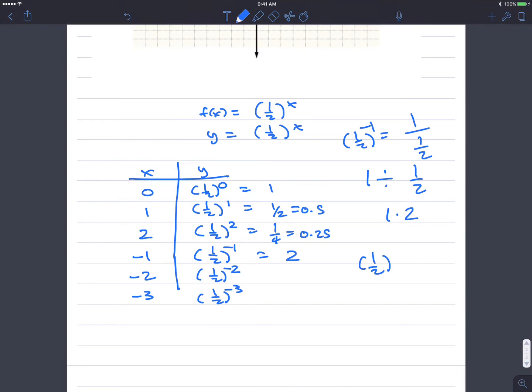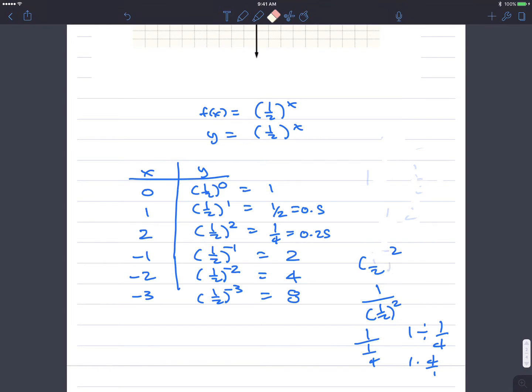Let's do some scratch work. What's 1/2 to the minus 2 power? It's 1 over 1/2 squared. 1 over 1/4. 1 divided by 1/4, better known as 1 times 4 over 1. This is 4. And then this is going to be 8. So, the points we're going to plot, let me get rid of all of my scratch work here.